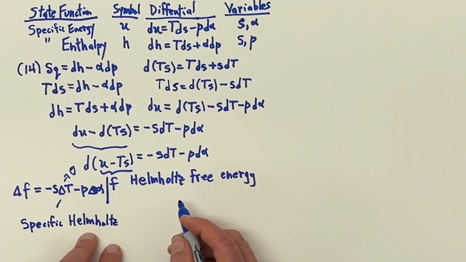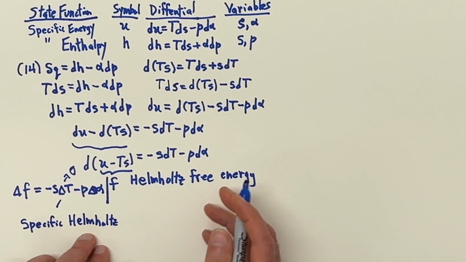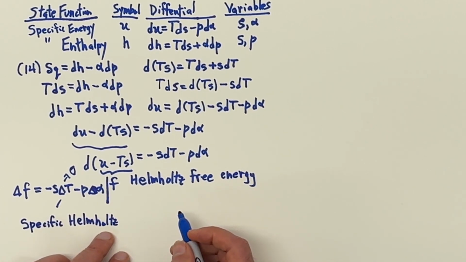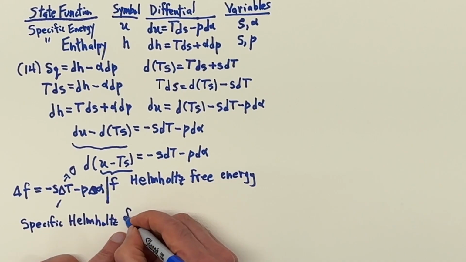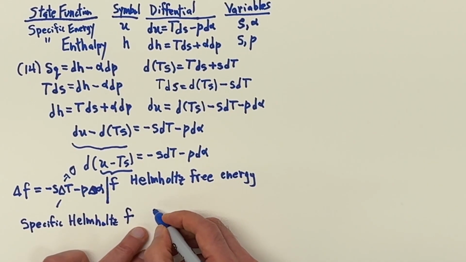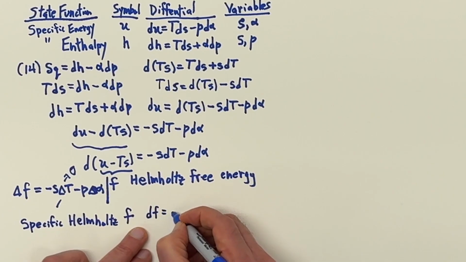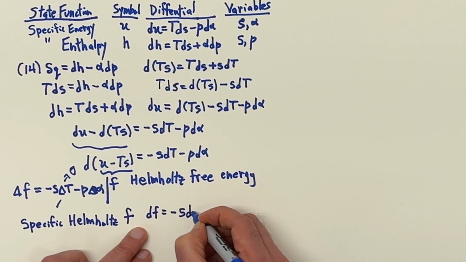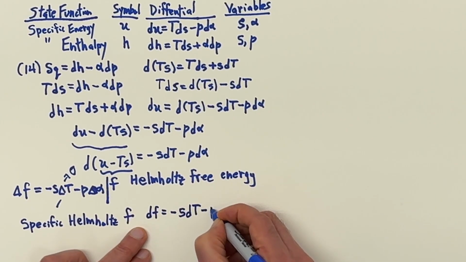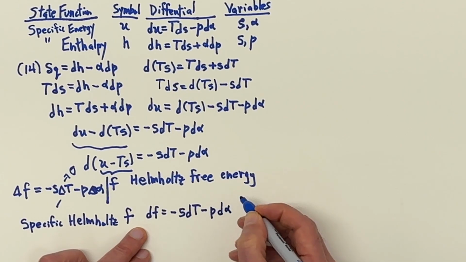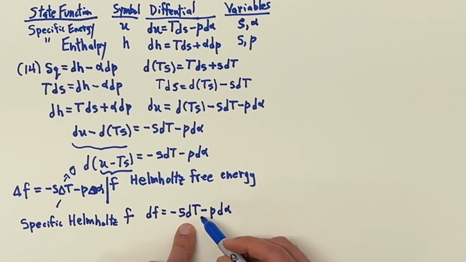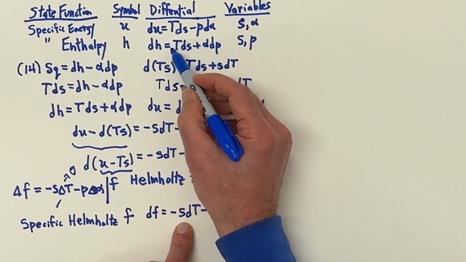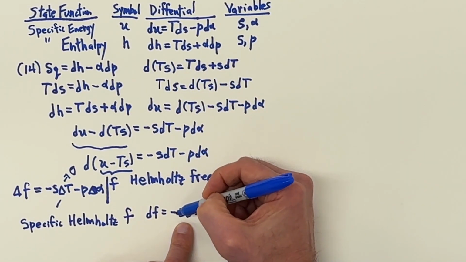The specific Helmholtz function is a state function, and the symbol for it is F. The differential, we have it right here: dF is minus S dT minus P d alpha. Now we can see that we have flipped the S and the T from up here, and notice the minus sign.